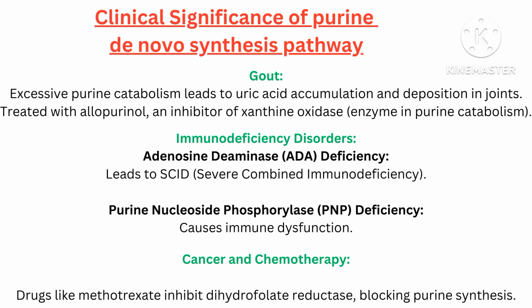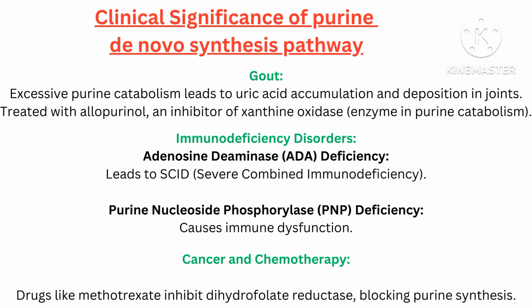Clinical relevance. 1. Gout. Excessive purine catabolism leads to uric acid accumulation and deposition in joints. Treated with allopurinol, an inhibitor of xanthine oxidase, enzyme in purine catabolism. 2. Immunodeficiency disorders.